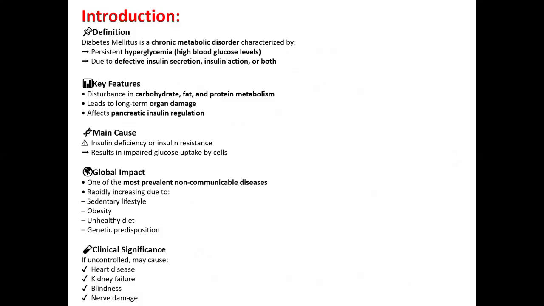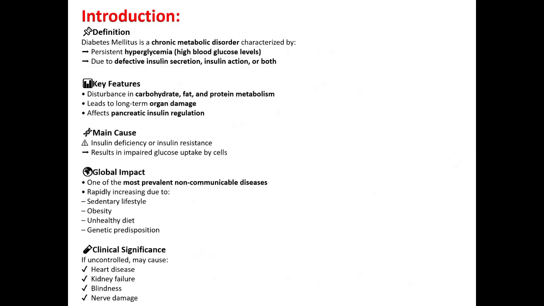Thereby, we need to give medications to maintain that normal blood glucose level. It is caused by defective insulin secretion, insulin action, or both. This was all about the definition of diabetes mellitus.